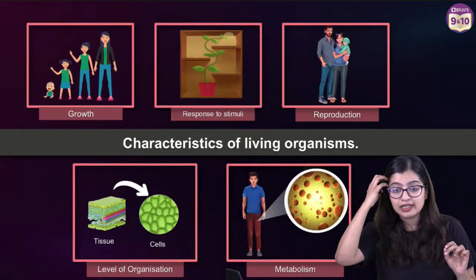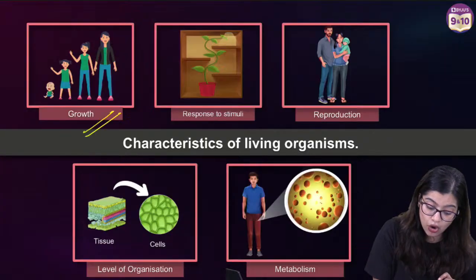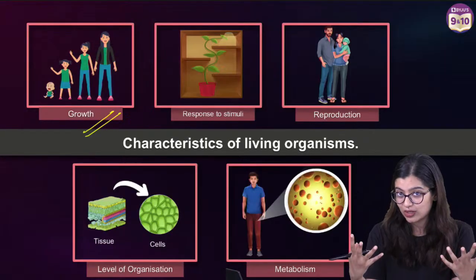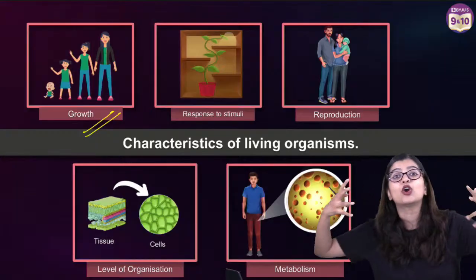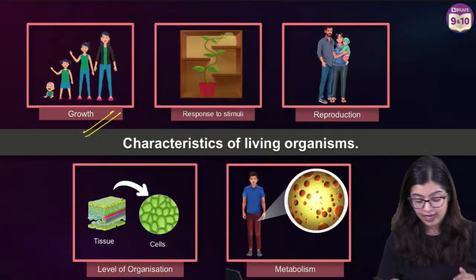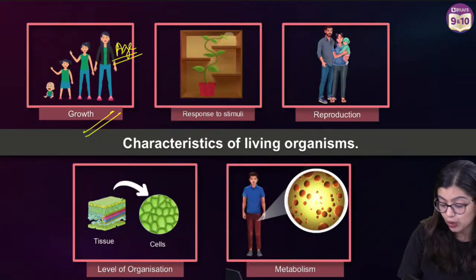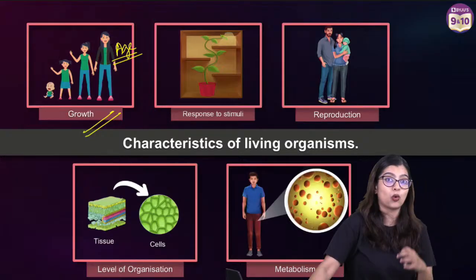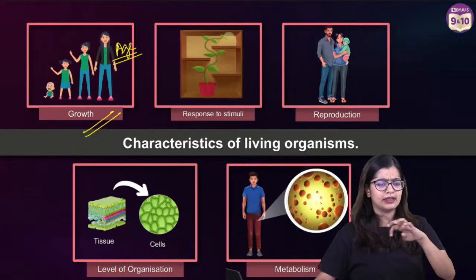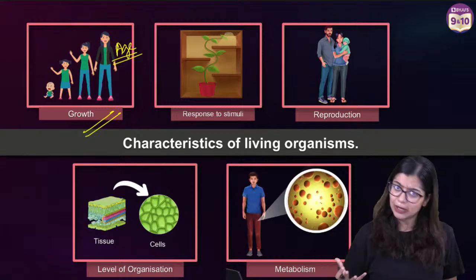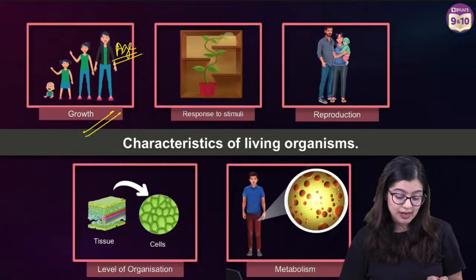The main important thing here is that living organisms exhibit growth, right? So we know that they grow and they age, right? So we can say that they may grow in size, they grow in height, they grow in the way they appear, yes? So growth is very important.